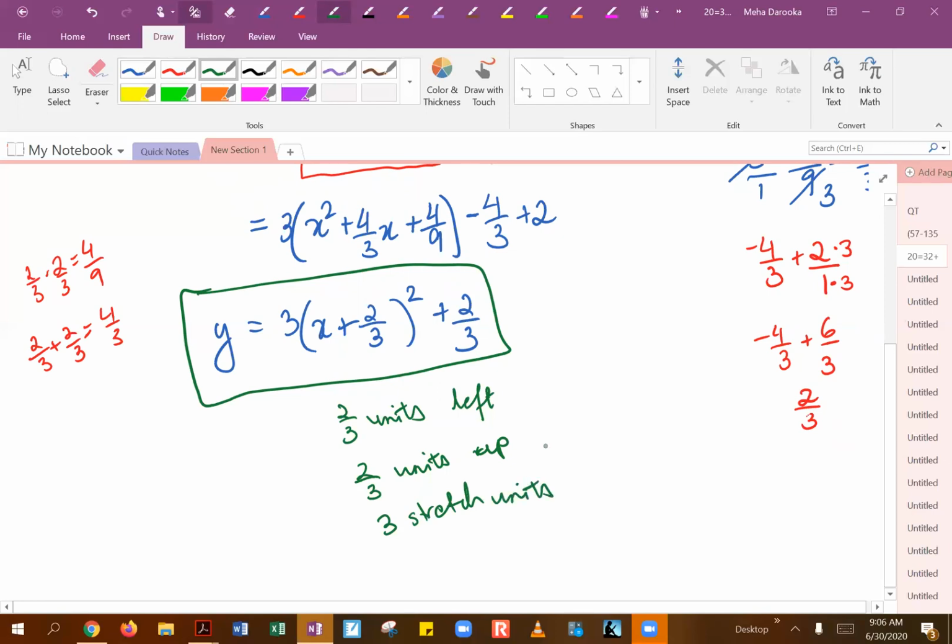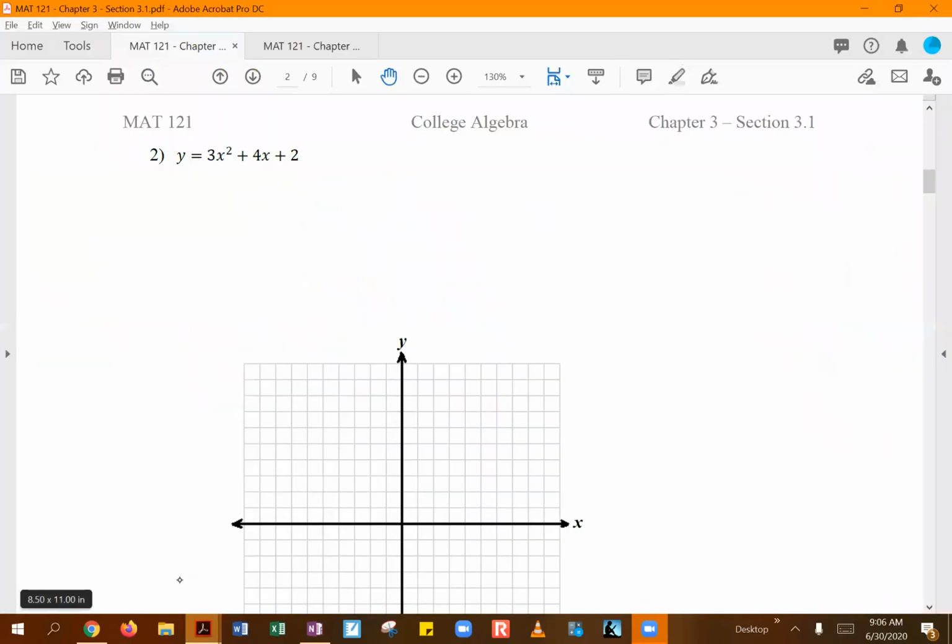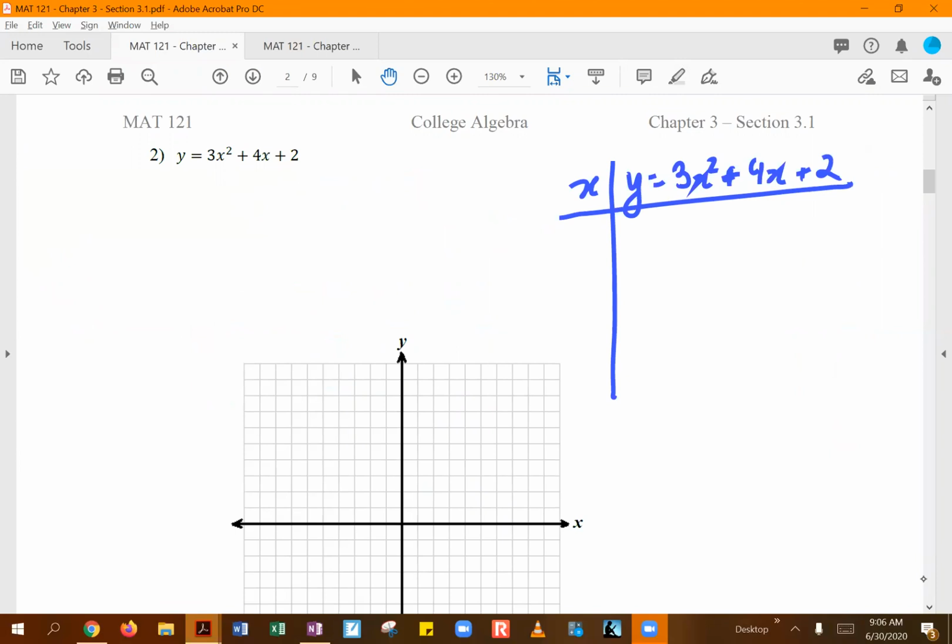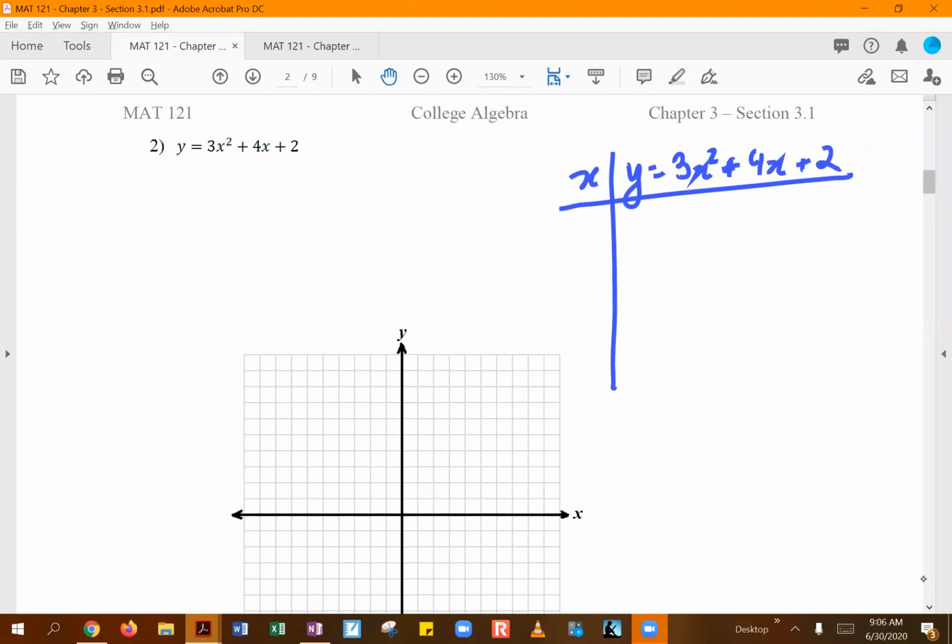So this one, I would probably use my original equation to come up with some points. So let's see what kind of points we can get for this guy. So we are moving 2/3 to the left and 2/3 up.